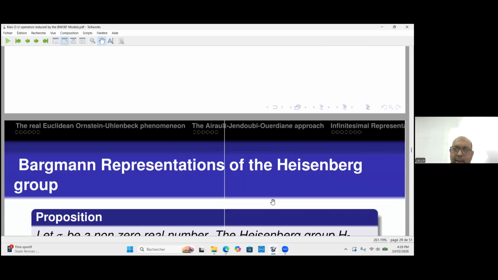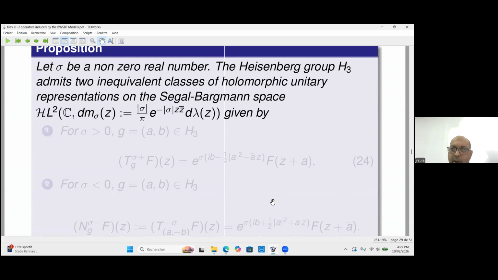They used it in some context. So we consider here the group and we represent it on the Fock space equipped with the measure here, absolute value of sigma over pi, where sigma is an arbitrary non-zero real number.